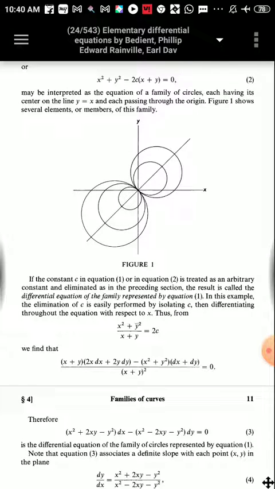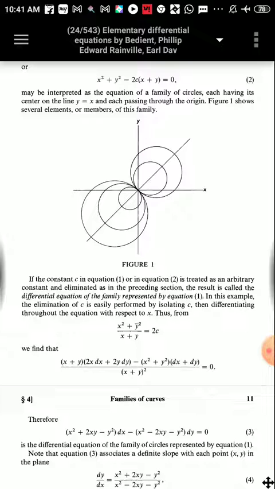If the constant c in equation 1 or in equation 2 is treated as an arbitrary constant and eliminated as in the preceding section, the result is called the differential equation of the family represented by equation 1.